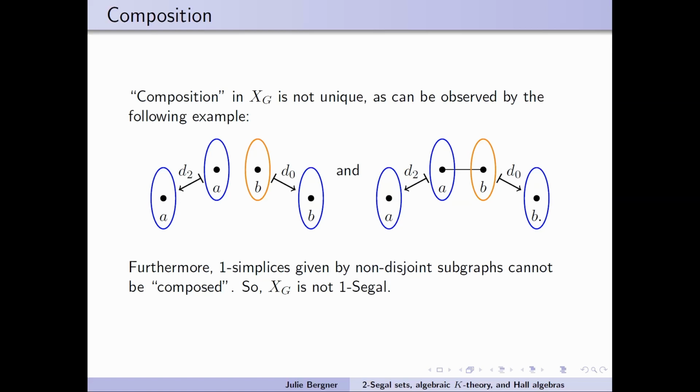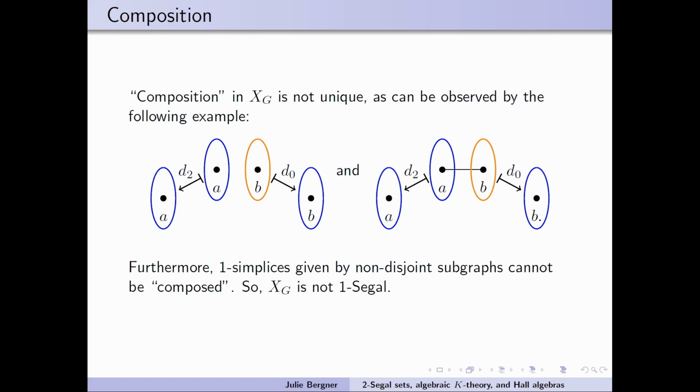It also doesn't always exist. In order for two one simplices to be composable, I need to have a two simplex such that D0 gives you one of the things and D2 gives you the other.